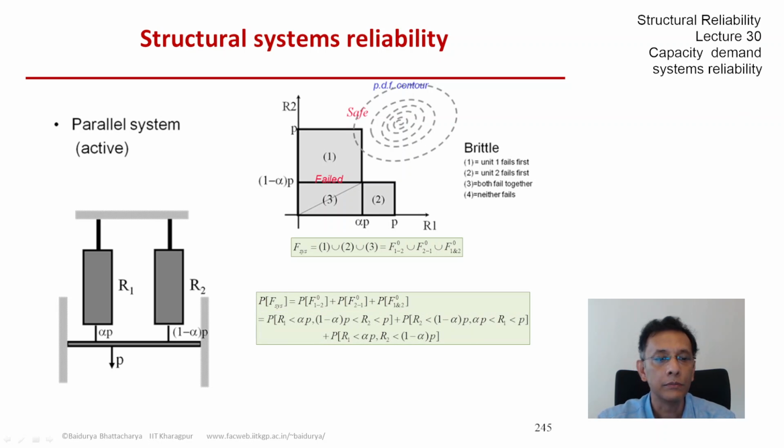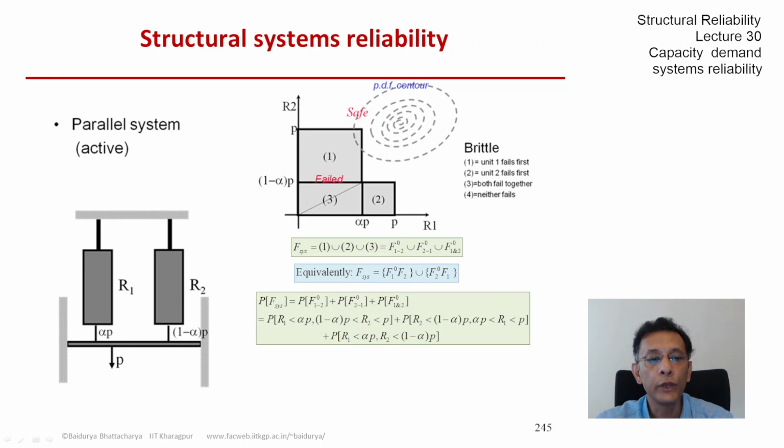So just going through the steps, F01-2 is the same as R1 less than alpha P and R2 between 1 minus alpha P and P. Likewise, you get the second term, and the third term, which is F01 and 2, is R1 less than alpha P and R2 less than 1 minus alpha P. So together, these 3 terms can be computed and we can find the system failure probability.